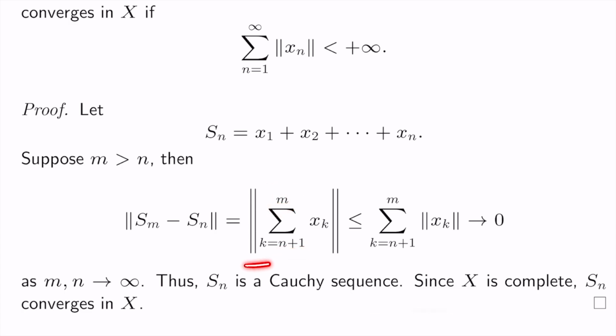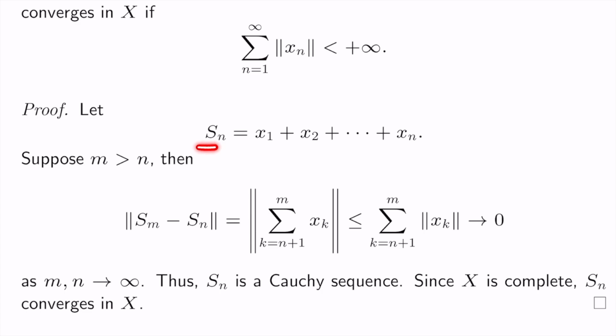And the norm of the sum is less than or equal to the sum of norms according to the triangle inequality. And as n and m go to infinity, this whole sum converges to 0 because we're assuming this. If this doesn't converge to 0, then this should diverge, but that's not the case by assumption.